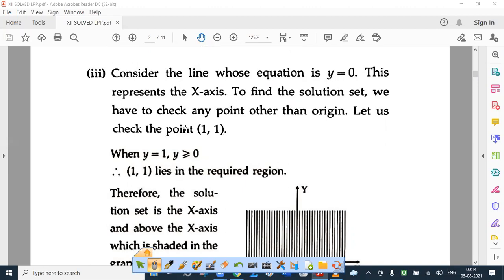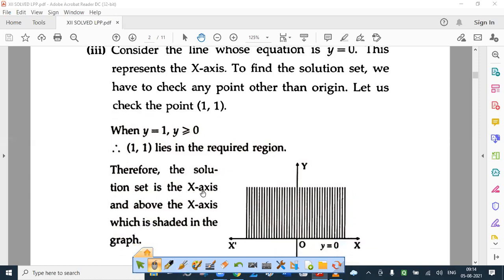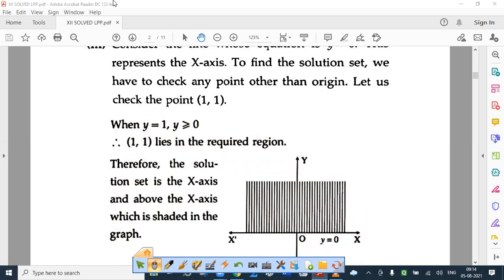To find the solution, we have to check any point other than the origin. Let us check with (1, 1). For y equal to 1, is 1 greater than 0? Yes. So (1, 1) lies in the required region. Therefore, the solution set is the x-axis and above the x-axis, which is shaded in the graph.